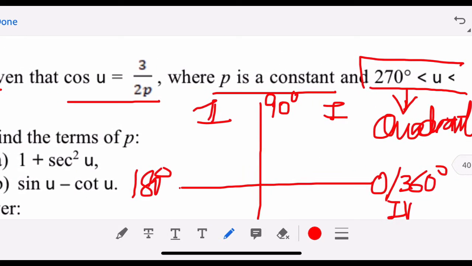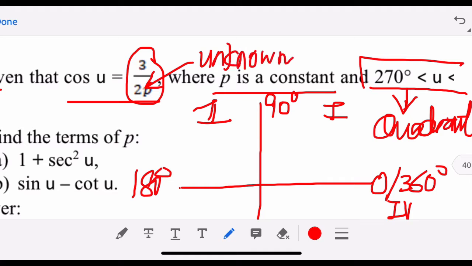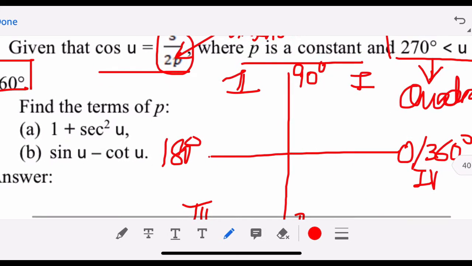Because you don't have a value, you don't have a number, you have the unknown. When you have the unknown, it is called a function. So you must draw a right angle triangle at the quadrant stated in the question.